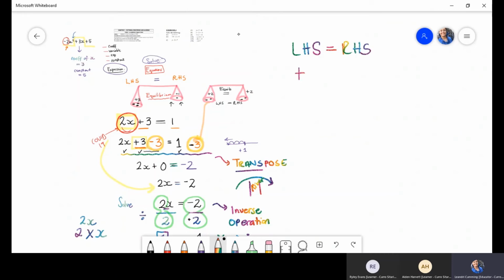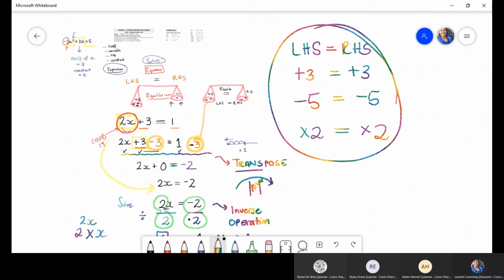If I added 3 on my left-hand side, I need to add 3 on my right-hand side. If I subtracted 5 on my left-hand side, I have to subtract 5 on my right-hand side. If I multiplied by 2 on the right-hand side, I have to multiply by 2 on the left-hand side. This process maintains equilibrium, and theoretically, it maintains the integrity of your equation to be true mathematically at all times.